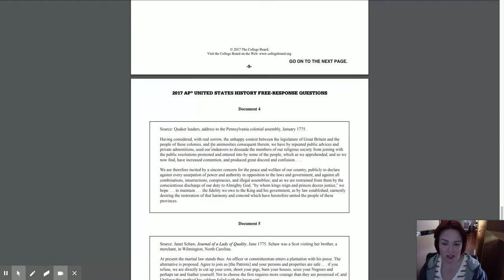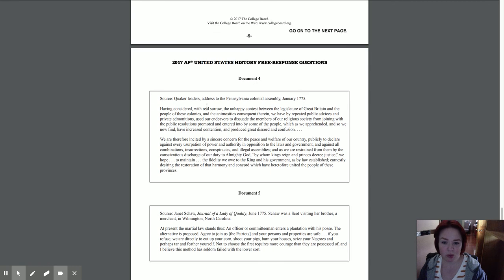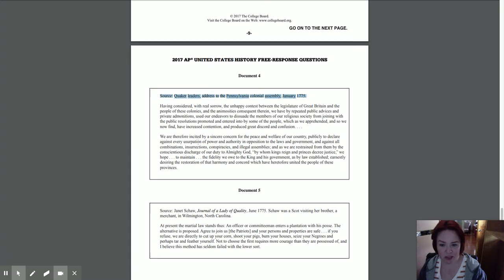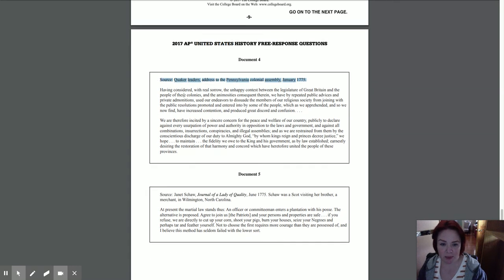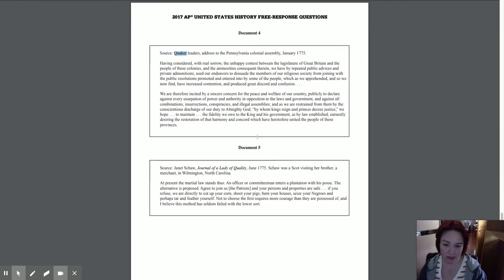Let's continue. Document 4, Quaker leaders addressed the Pennsylvania Colonial Assembly, 1775. Super close to independence. We've really started to throw down at this point. And we know that Quakers, or hopefully you remember that Quakers are very anti-war, kind of hippy-dippy. Important to note while you're reading this document.